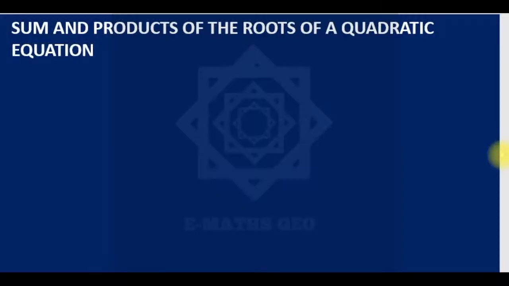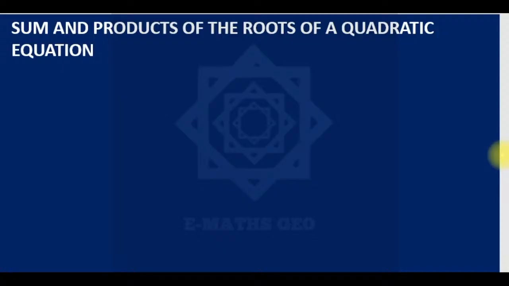We are on sum and product of roots of a quadratic equation. You might be given a quadratic equation and asked to find the sum and product of the roots. Here we're going to get a formula that will make it very simple. Instead of getting the roots individually and summing or multiplying, we just use the formula.